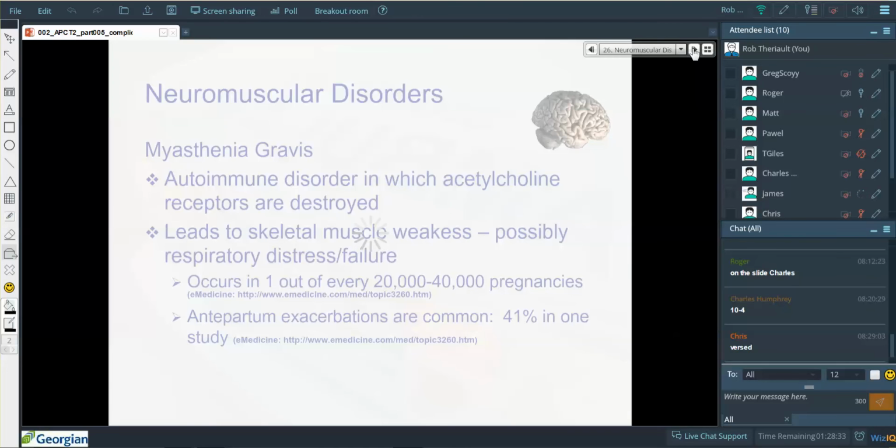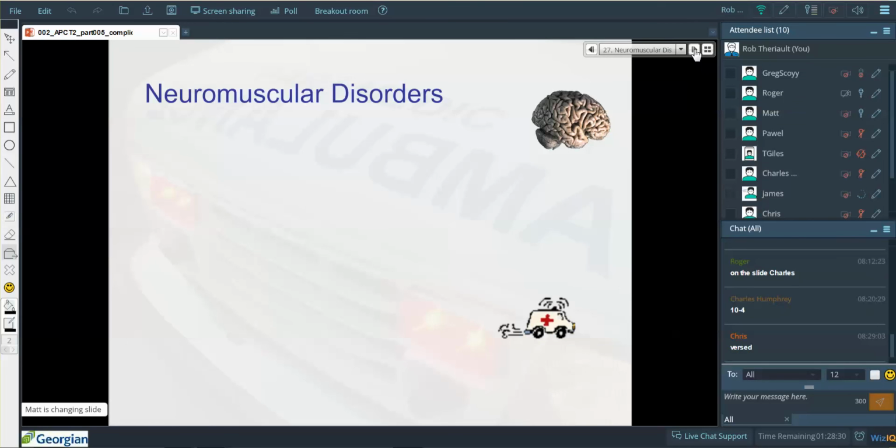So if you ever encounter a pregnant patient with a neuromuscular disorder, or any patient for that matter with a neuromuscular disorder, and you're not familiar with it, ask the patient, because I'm fairly confident that they'll know their disease quite well and what their concerns are, particularly when it comes to pregnancy and labor and delivery.